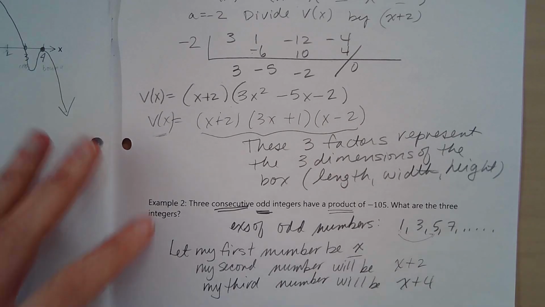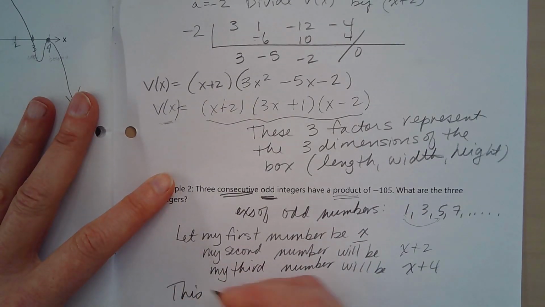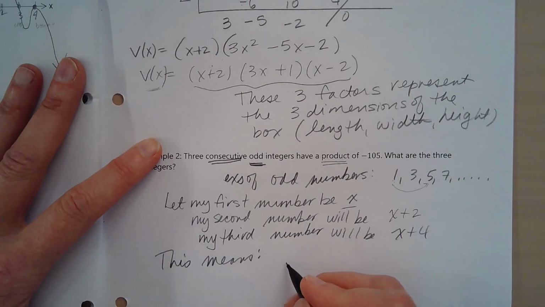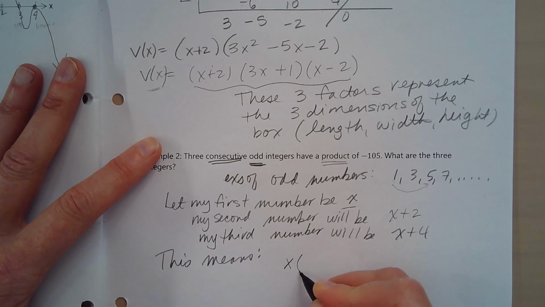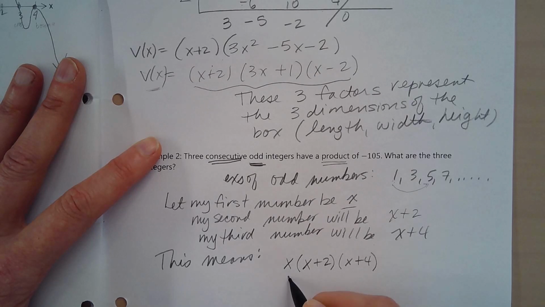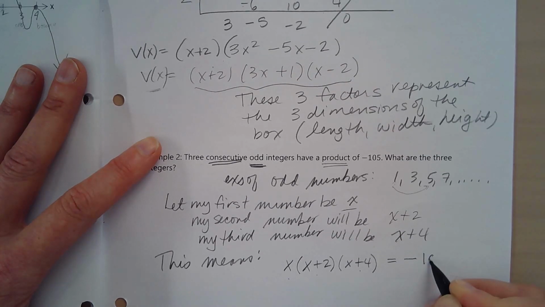This means that x times x plus 2 times x plus 4, this number times this number times this number, has to equal negative 105.